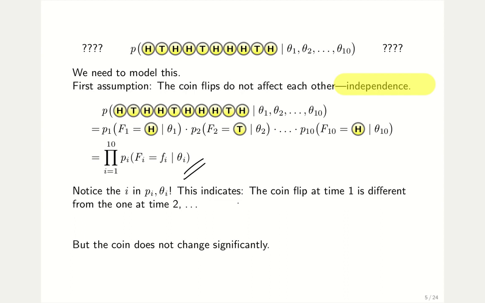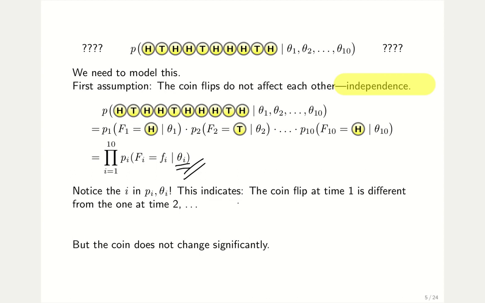Now, this is already much nicer because we already talked about these simple factors, but the problem is they are all depending on the theta i in particular. And that means there is still no theta 11 in the equation. And that's reasonable. I mean, these coin flips, they can happen at different times, on different days, for example.